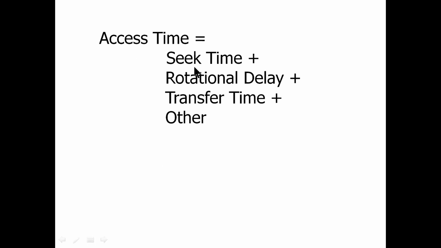Access time depends on how much time it takes to seek, and there is a rotation. Why? Because the data is located at different sectors and on different platters. So you need a rotation to get to that data location and the next data location, and then you have a transfer time plus others.